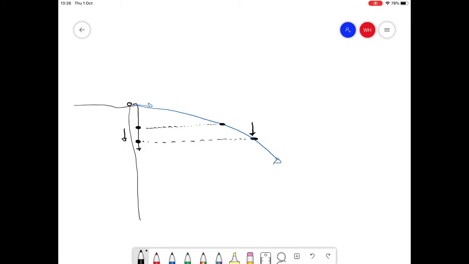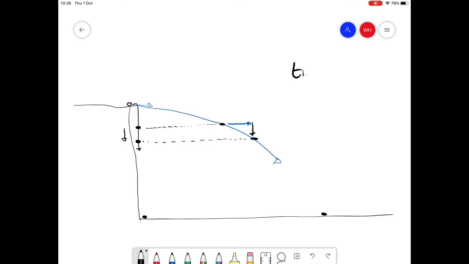Yeah? Even though this coin has moved across, from a downwards perspective, it's done the same distance, and that means that the coins strike the ground at the same time, not the same point, they're apart, but they strike the ground at the same time.